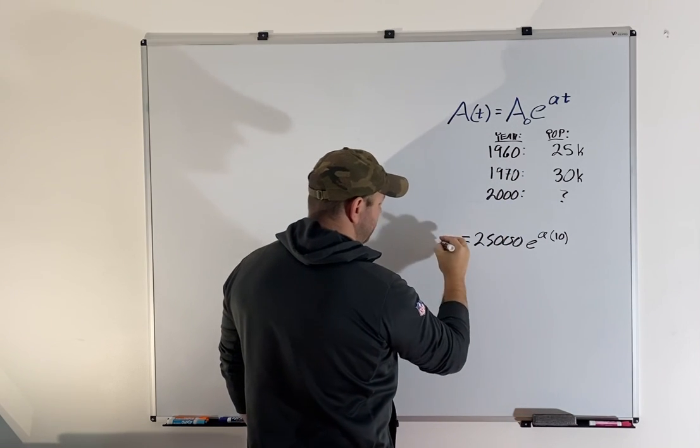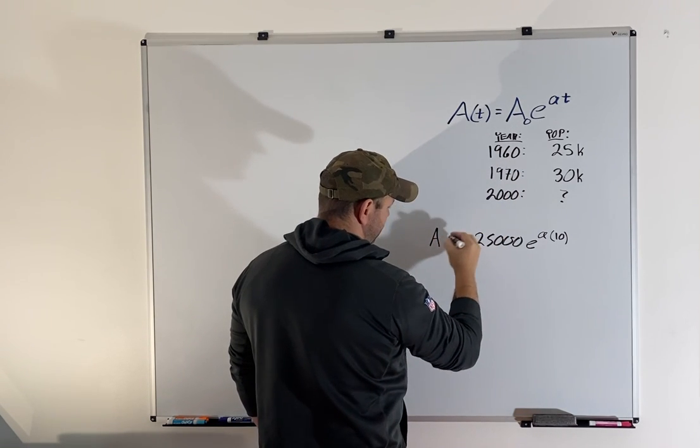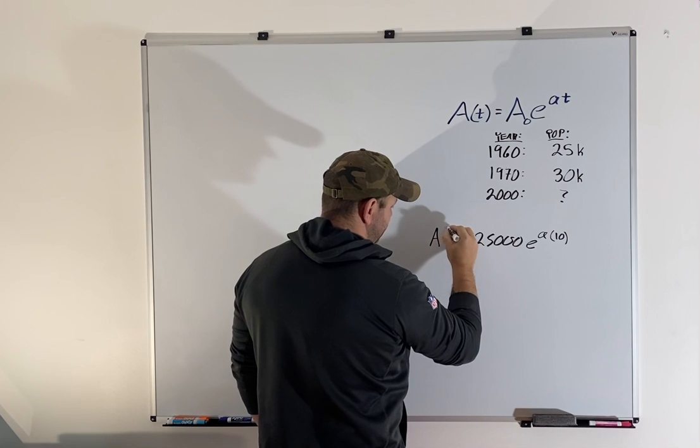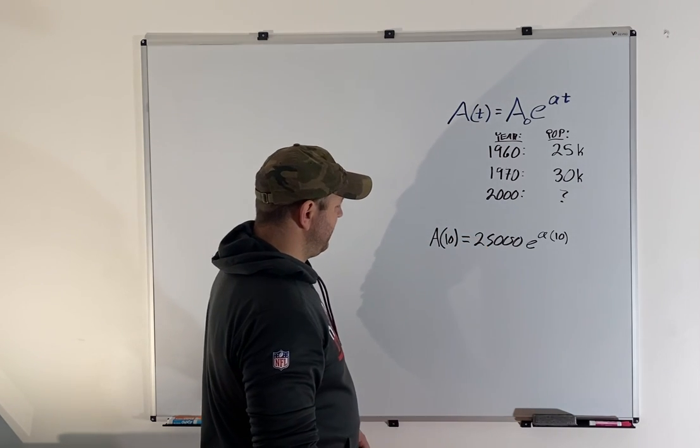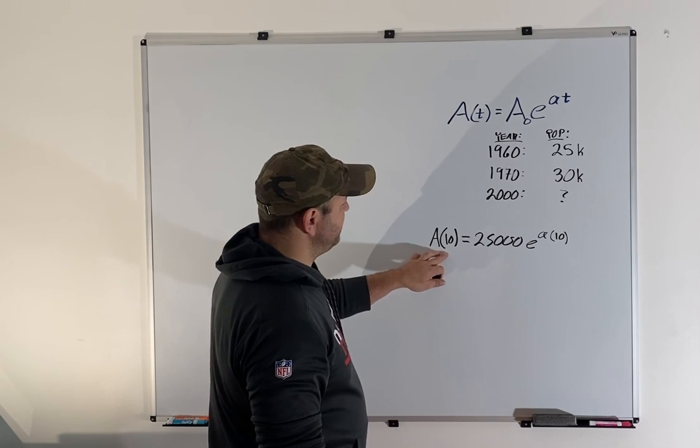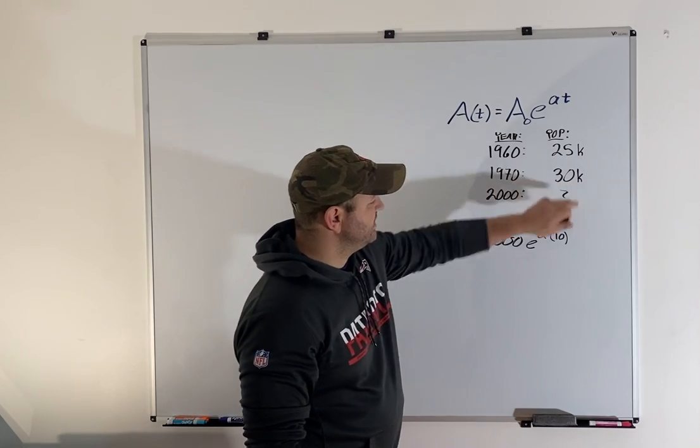And that means that the amount of the thing I'm interested in, my population, is the amount that I have at 10 years, which is 30,000.